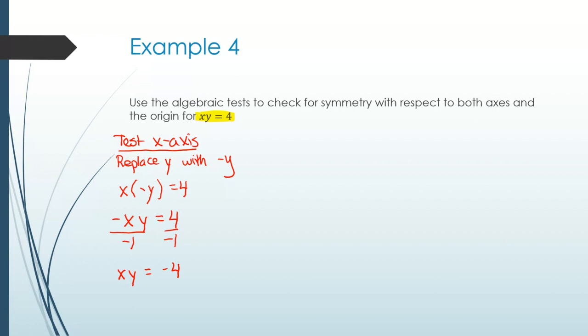If you can't get the same equation back, then there is no symmetry across that axis. So because we can't get the same equation, we have no x-axis symmetry. Because if you try to get the left side to match up, the right side doesn't. Or if you try to get the right side to match, the left side doesn't.